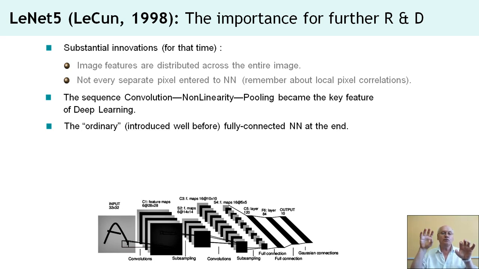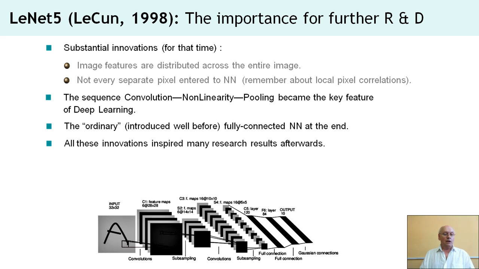Classification is done by a fully connected neural network. The classification part is an ordinary neural network in this respect. It was introduced well before. So all this innovation pushed forward the research after LeCun, but it's not that easy.